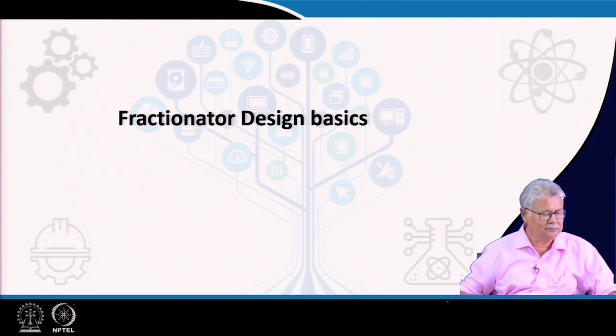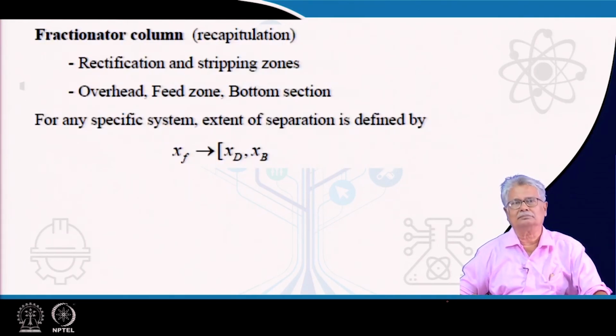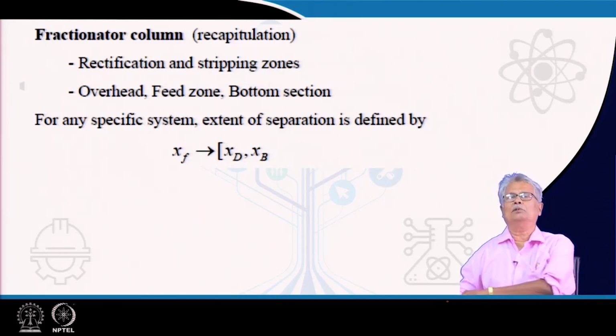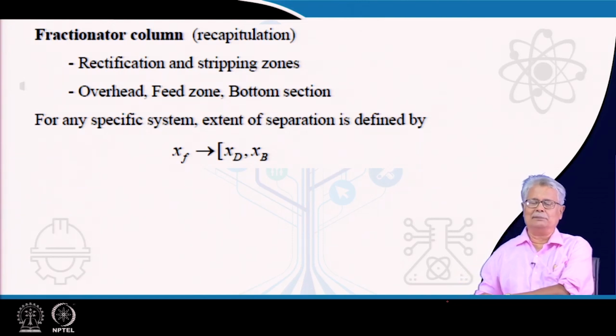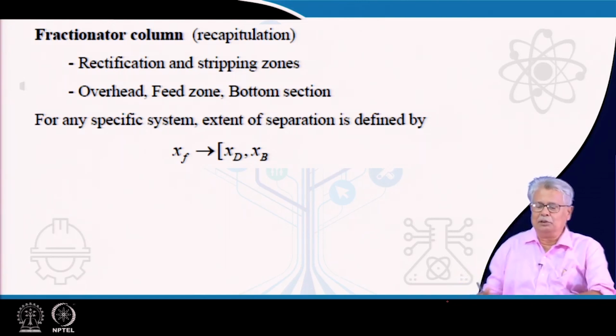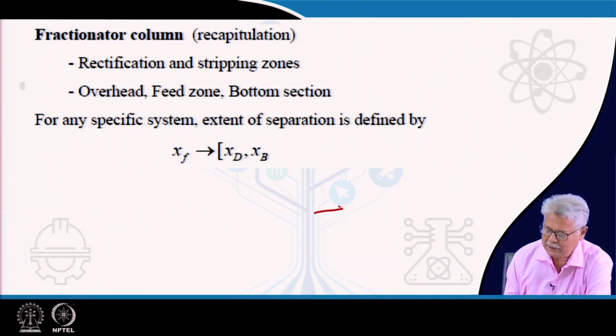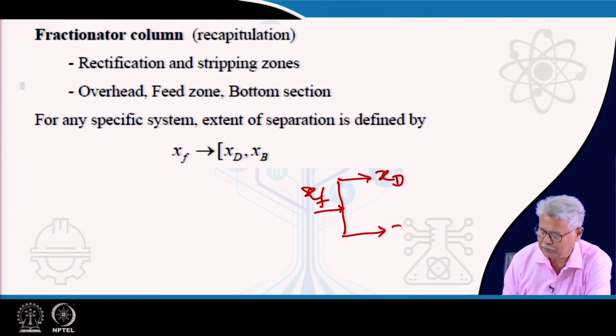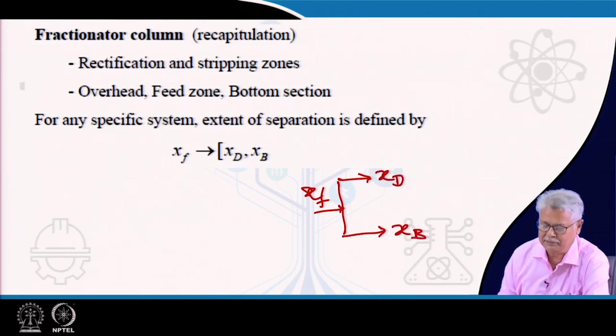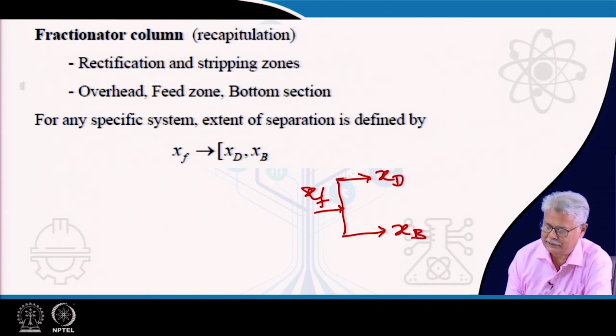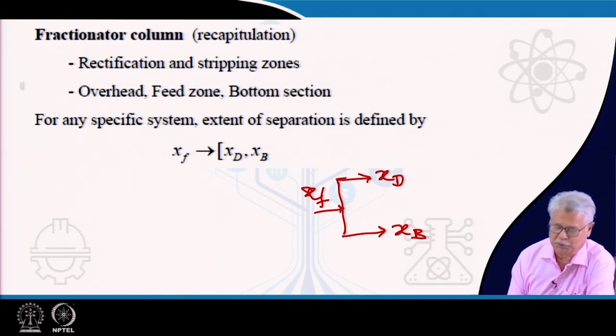To start with, we look at the fractionating column, we go for a little bit of recapitulation. So, we know here that naturally, if my feed is XF composition, it will be split into a distillate with a composition of XD and a bottom of composition XB mole fractions. In fact, we are going to use the same mole fraction as has been introduced to you.